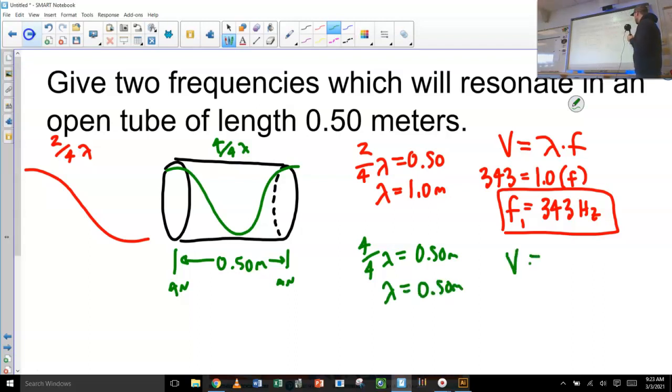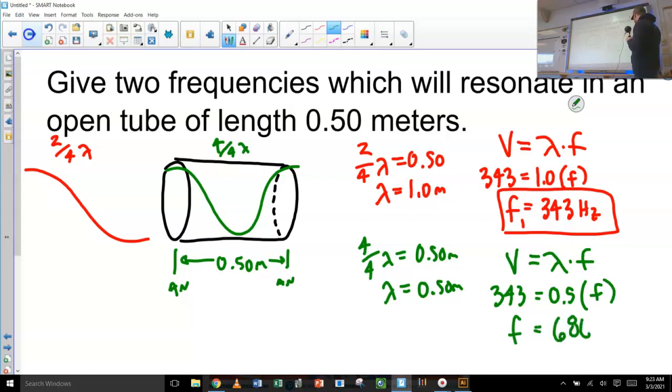So when I go velocity is equal to wavelength times frequency, my velocity is 343. My wavelength is 0.5. My frequency is unknown. So I take 343 times 2, and that's 686. So frequency number 2 is 686 hertz.